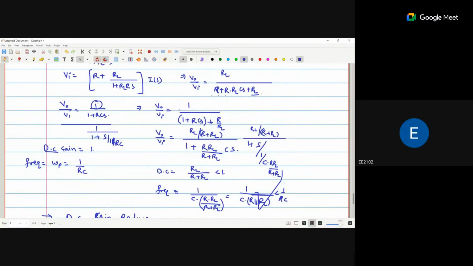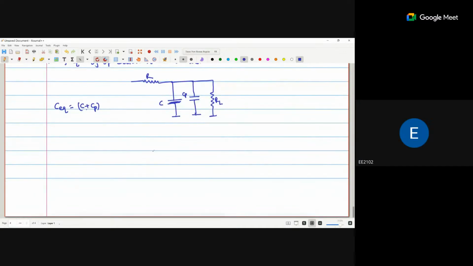Okay, so the frequency will be reduced because of this R parallel with RL. Now we have the frequency 1 upon C into R parallel with RL, that is less than 1 by RC. Why? Because this combination is always less than R. Sorry, this frequency is greater than, not less than.